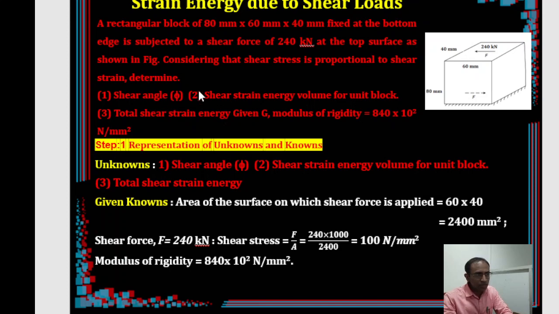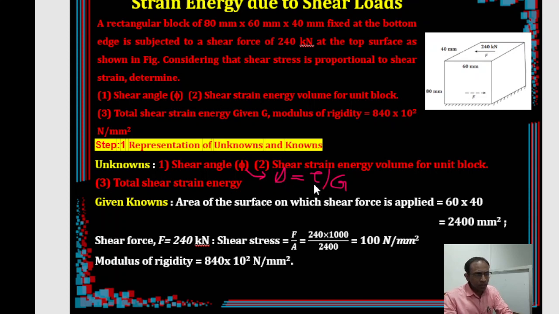If you want to get phi, what is the formula associated with it? We can get it from the basic understanding of stress and strain. Phi is nothing but tau by G, shear stress by shear modulus.